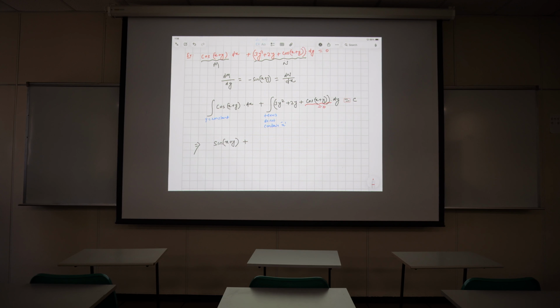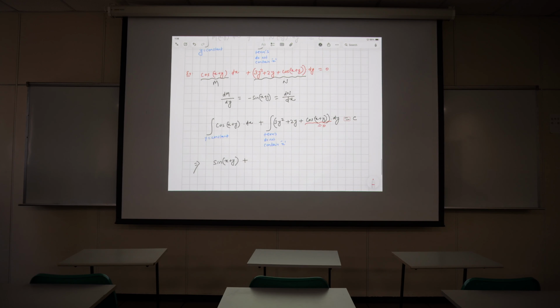Why? How do you know which part is M? M be cos x plus y. I already told you, whichever part is dx, that is M, whichever part is dy is the N. That is it. Initially I have defined it.